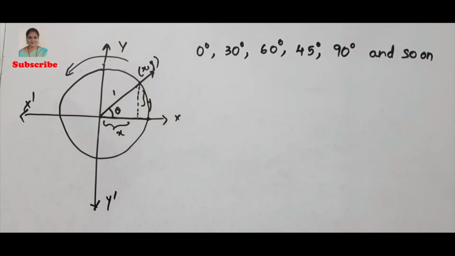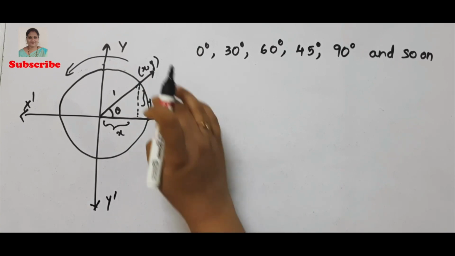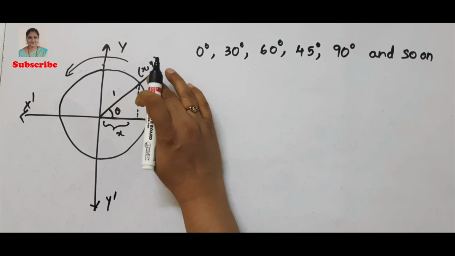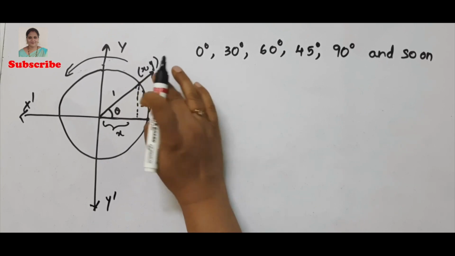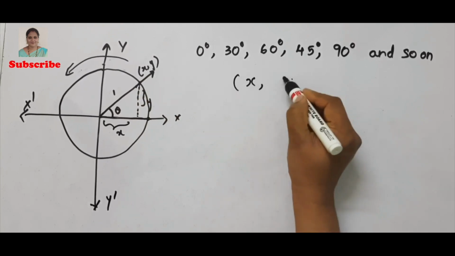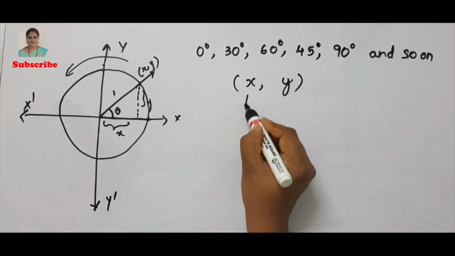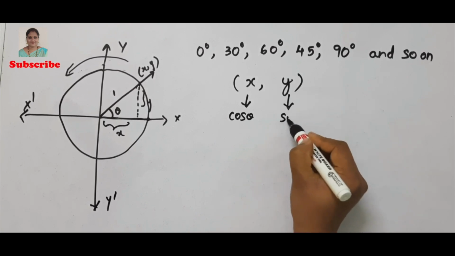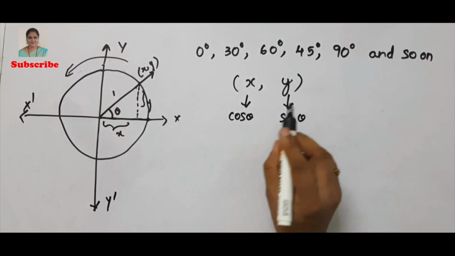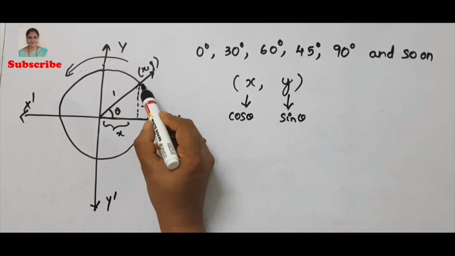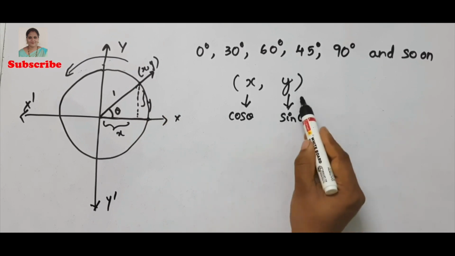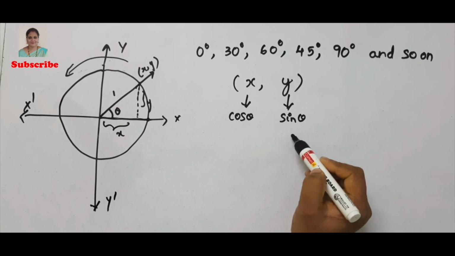According to the definition of the unit circle, the intersection point of x and y on the circle, this ordered pair (x, y), has the x coordinate belonging to cos theta and the y coordinate belonging to sin theta. So the x-intercept belongs to cos theta and the y-intercept belongs to sin theta.